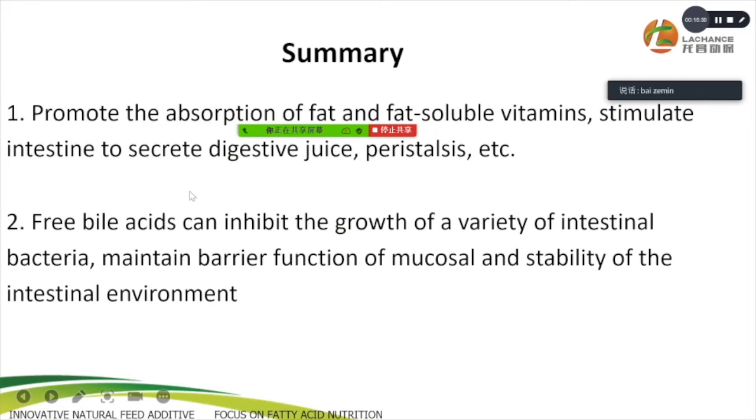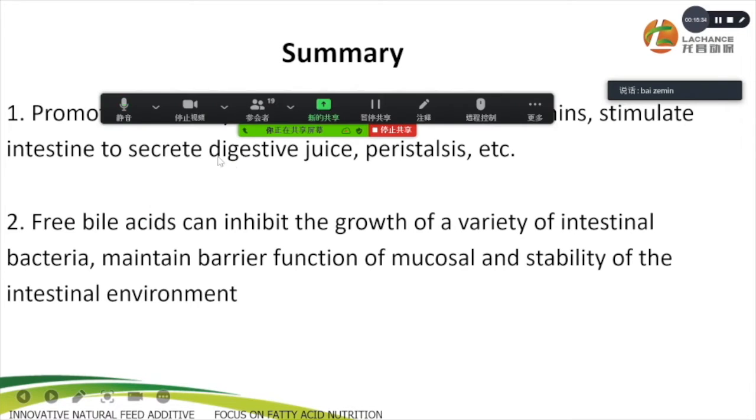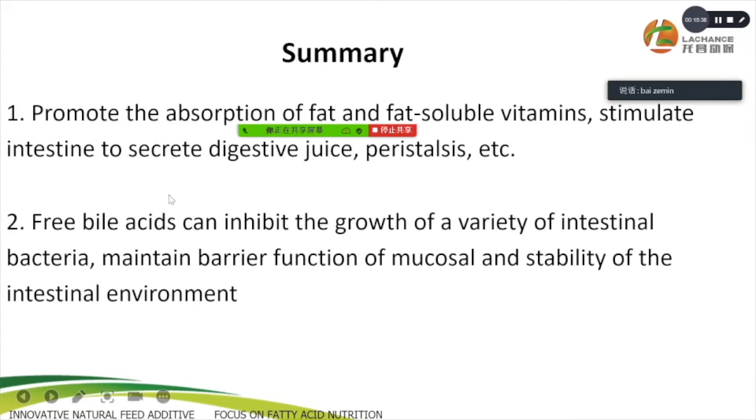Of course, bile acid can promote the absorption of fat and fat-soluble vitamins, and stimulate the intestine to secrete digestive juice and peristalsis, and so on. And second is free bile acid.